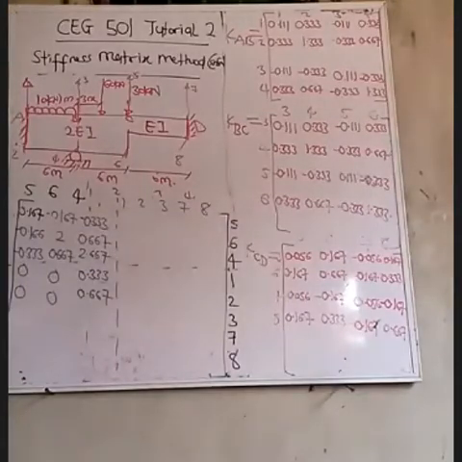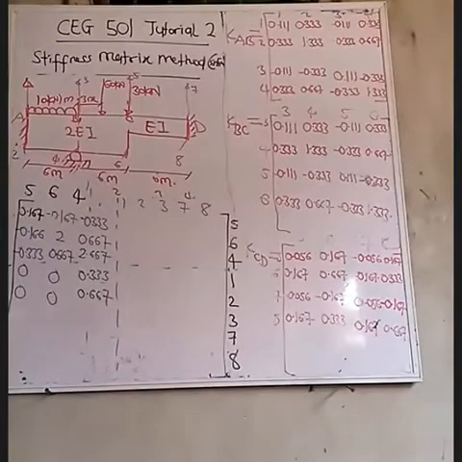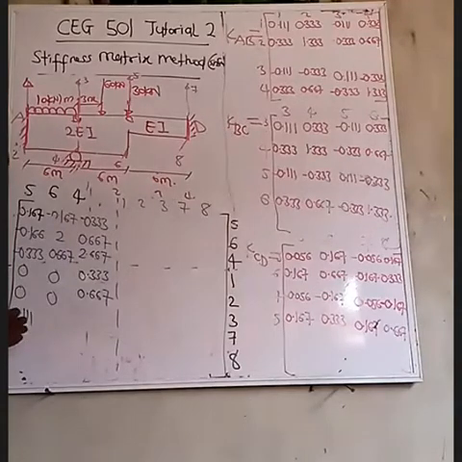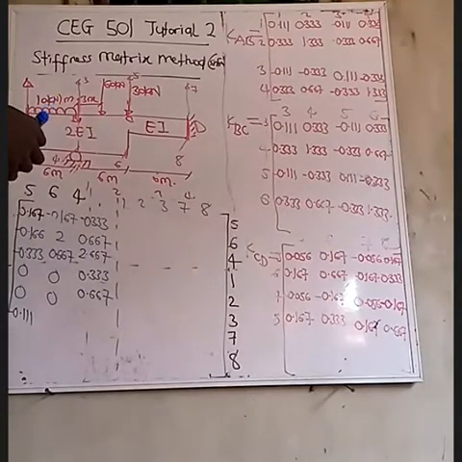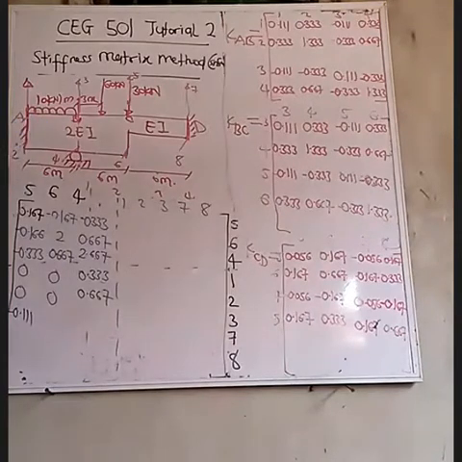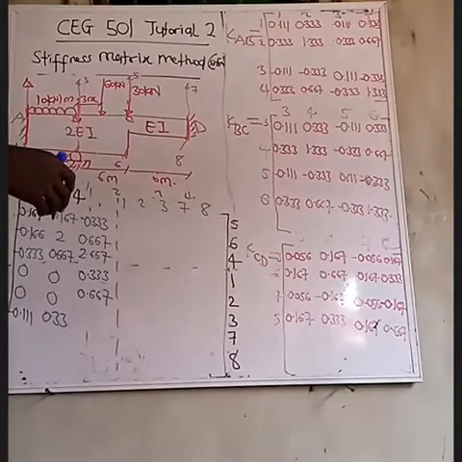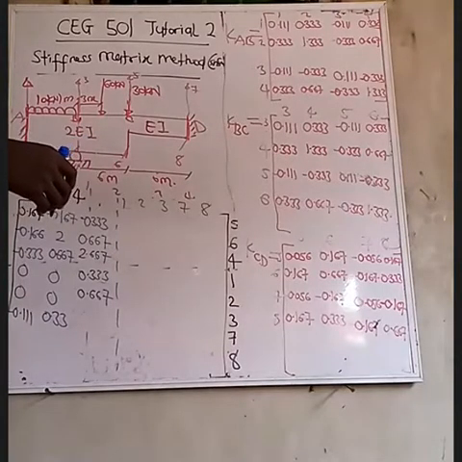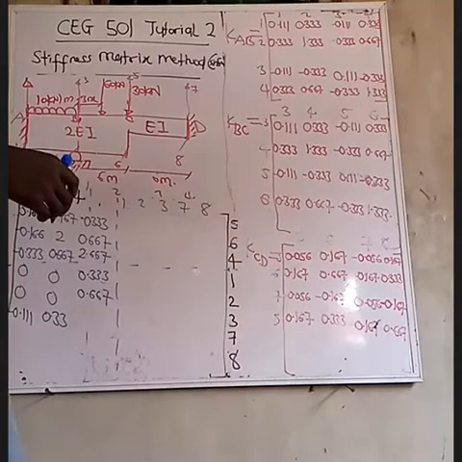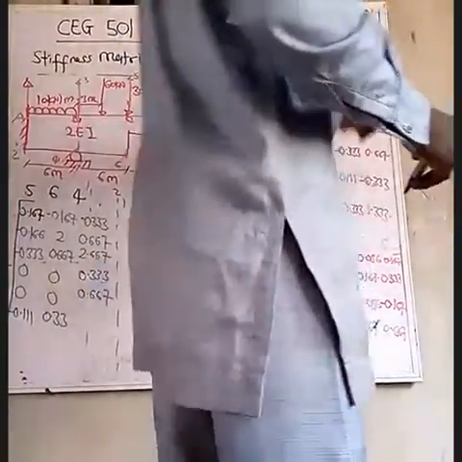So 5.3. 5.3 is what? Minus 0.111. 6.3 is 0.333. 4.3 is what? 0.333, no, that's 0.